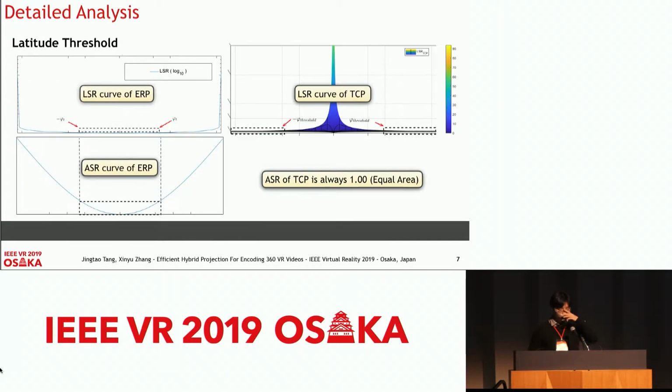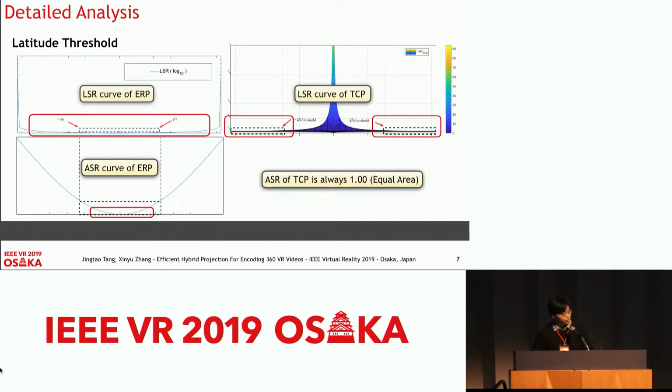In order to determine the latitude threshold, we plotted the linear stretching ratio and area stretching ratio of ERP and transverse cylindrical equal area projection. First, we focus on the ERP. The linear stretching ratio is well controlled as long as the pixels stay away from the poles, while the area stretching ratio is well controlled as long as the pixels stay around the equator. Then we focus on the transverse cylindrical equal area projection.